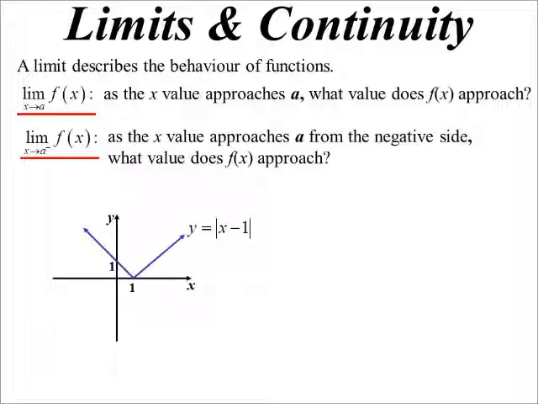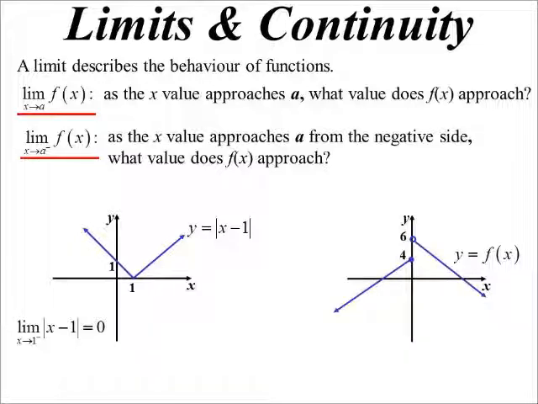So if I had an absolute value curve like this, as I approach 1 from the negative side, the y value is approaching 0. And I've got a graph over there. If I was approaching that one from the negative side, but this time as I approach 0, the y value is approaching 4.